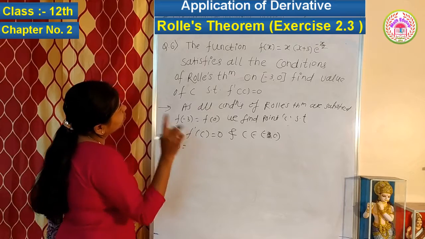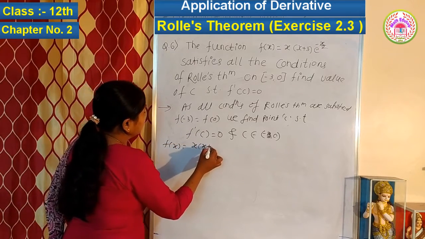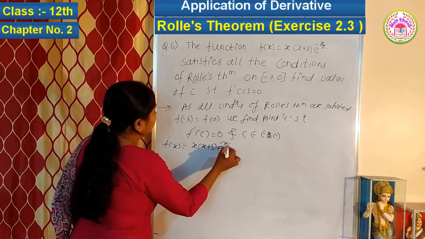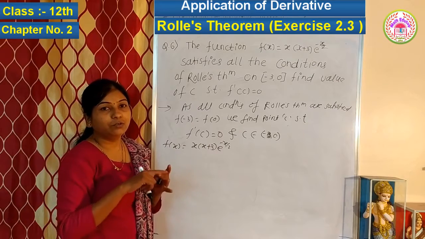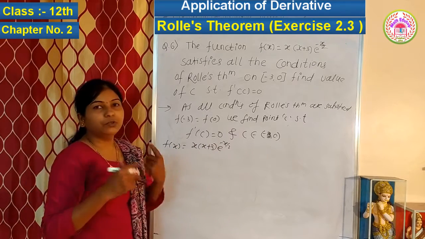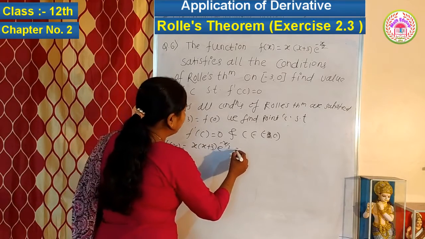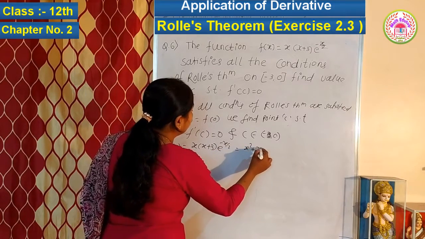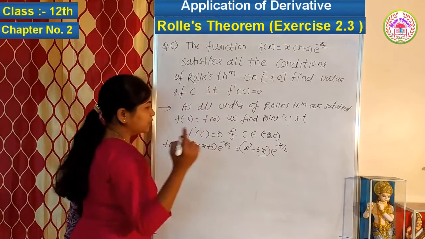That is the product of three functions here, x into x plus 3 into e raised to minus x by 2. We know the differentiation of a product of three functions u into v into w, or either you can simplify it into u into v. That is, multiply by x and simplify two functions. So what will it be? x square plus 3x into e raised to minus x by 2, and then we use the differentiation of a product of functions.